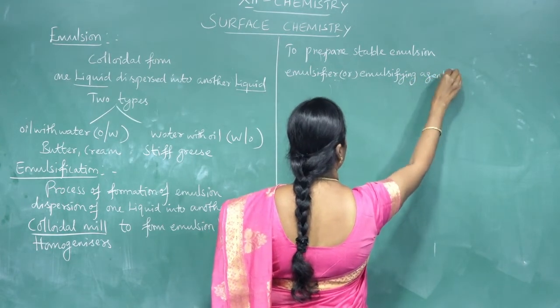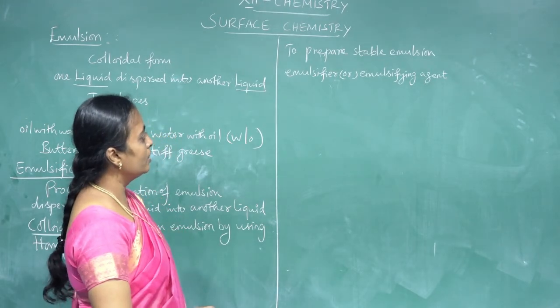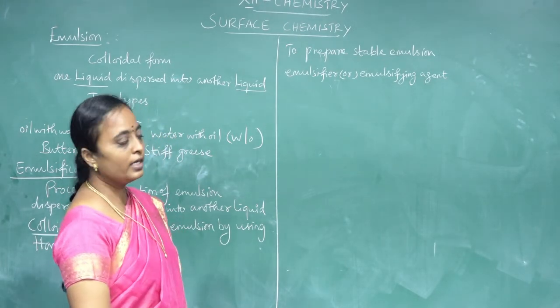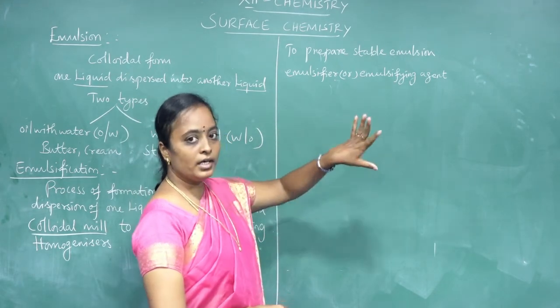So in order to prepare a stable emulsion, we should add one particular reagent. The name of the reagent is emulsifier or emulsifying agent.